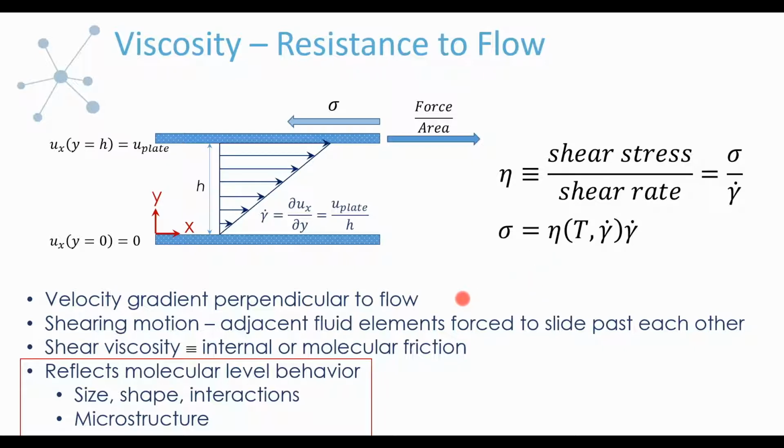So when you think about what the steady shear viscosity is and why it is so sensitive to what's going on at the microscopic level: as I mentioned, when you set up a shear flow, you're introducing the velocity gradient perpendicular to the flow. What this means is that each neighboring fluid element is moving at a different velocity, so you're basically forcing them to slide past each other.